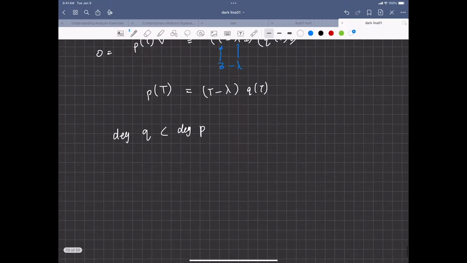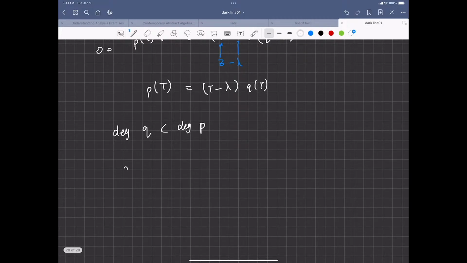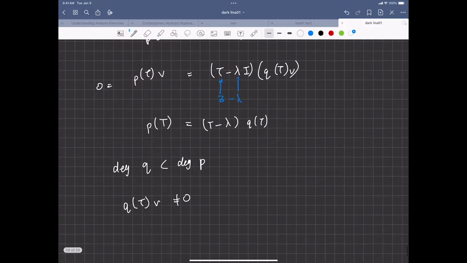So this means that Q of T of V cannot be 0. Why is that?